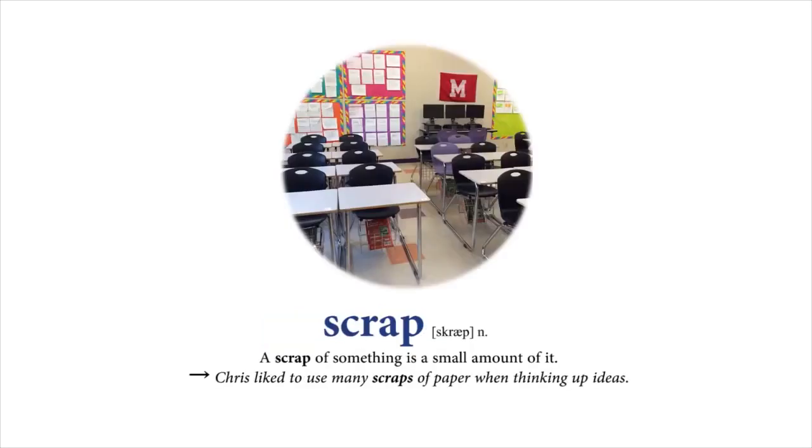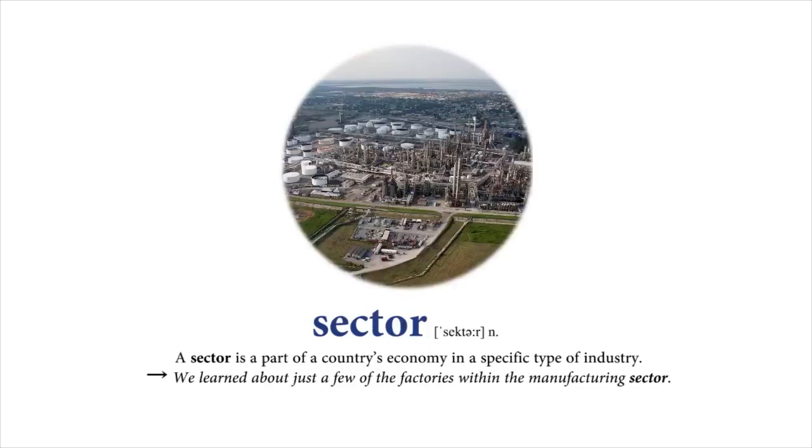Scrap. A scrap of something is a small amount of it. Chris liked to use many scraps of paper when thinking up ideas. Sector. A sector is a part of a country's economy in a specific type of industry. We learned about just a few of the factories within the manufacturing sector.